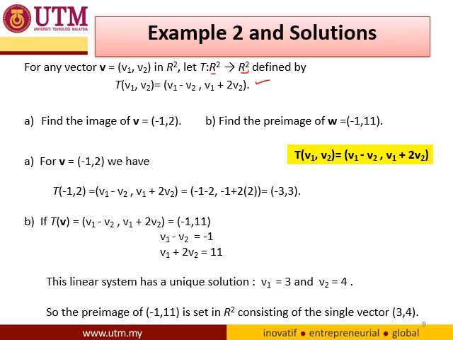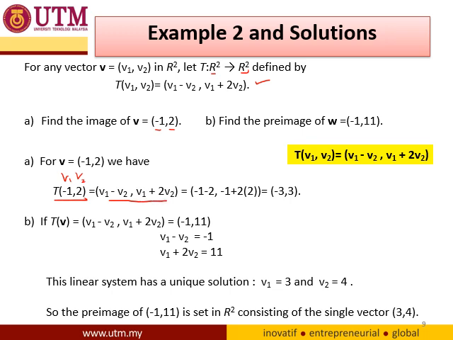So the first question, find the image of v. V here is (negative 1, 2). So this is your v1, this is your v2. Alright? So basically it's the same as the previous example. We just change the value here. So T of (negative 1, 2), this is your v1, v2, right, is equal to this equation, v1 minus v2 and v1 plus 2v2.